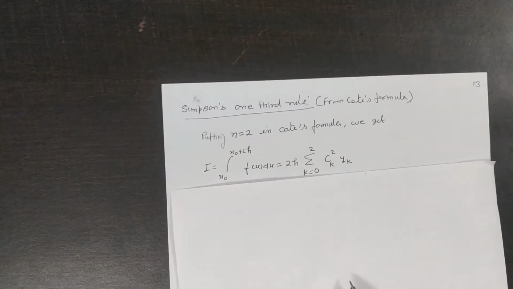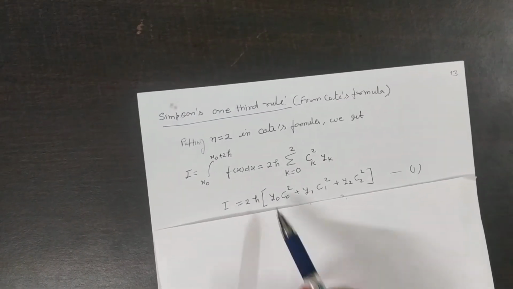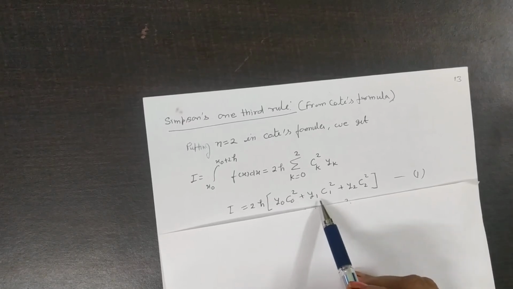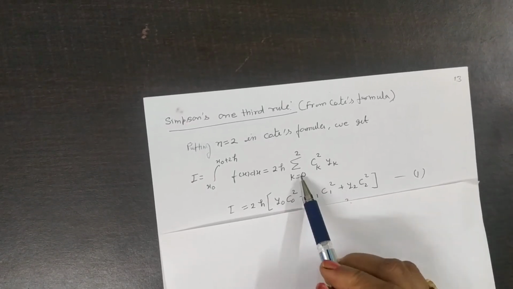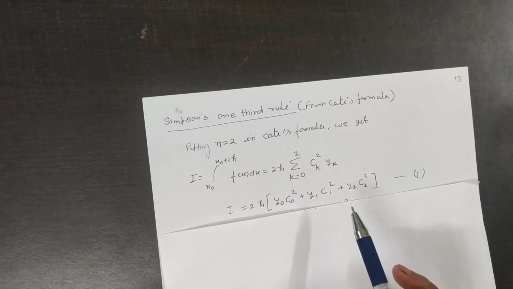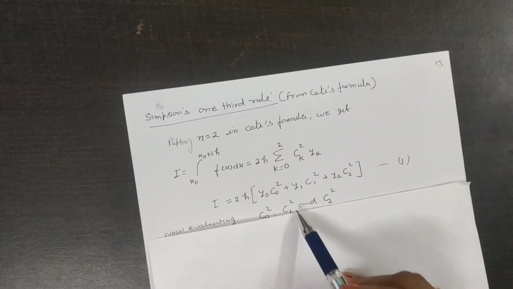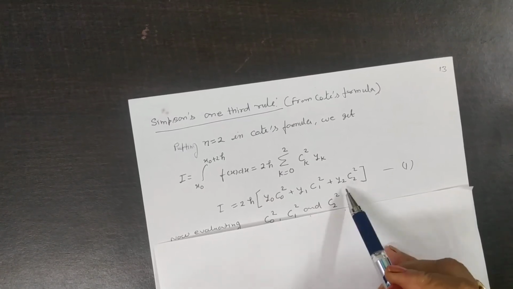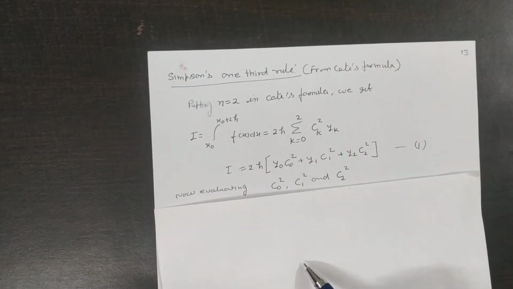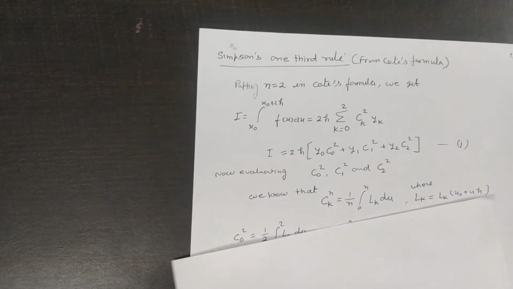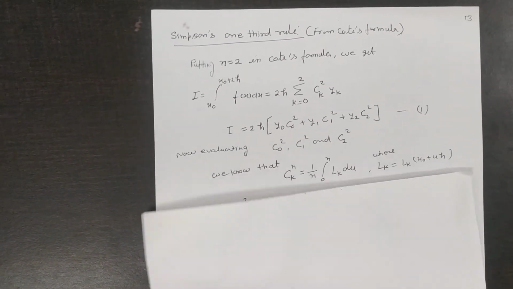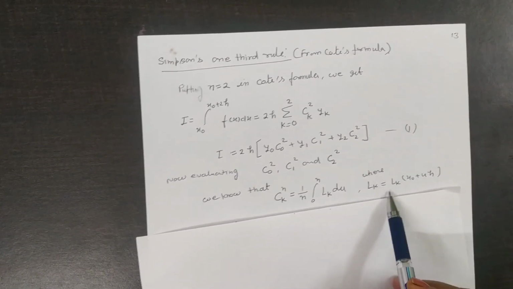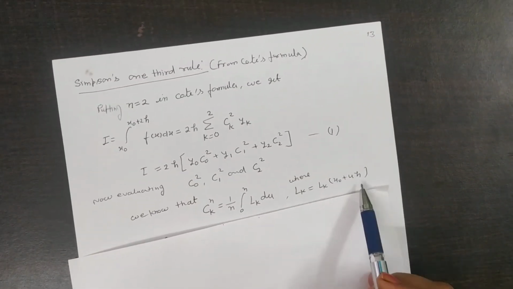Okay, now opening this summation, we have C_0^2 y0 plus C_1^2 y1 plus C_2^2 y2. Now you have to obtain C_0, C_1 and C_2 using the Cotes numbers. Evaluating, we know the formula that C_k^n is equal to this, where L_k is in terms of x0 plus h.